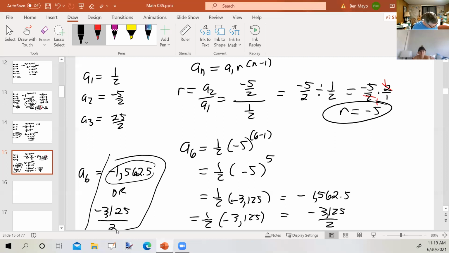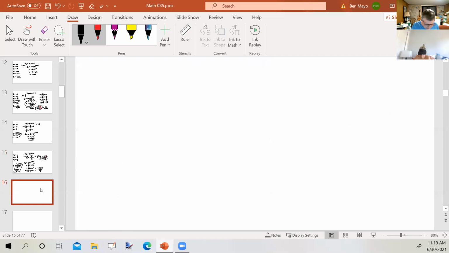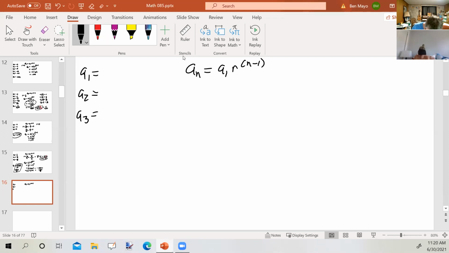Okay, new set of directions. Write the first 5 terms of the geometric sequence with the following properties. So again, we have a geometric sequence, and we're supposed to write the first 5 terms with the following properties.